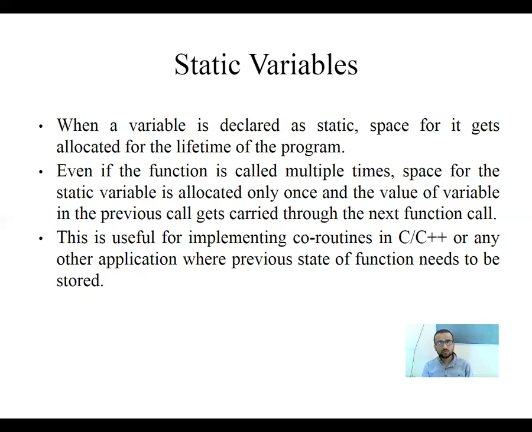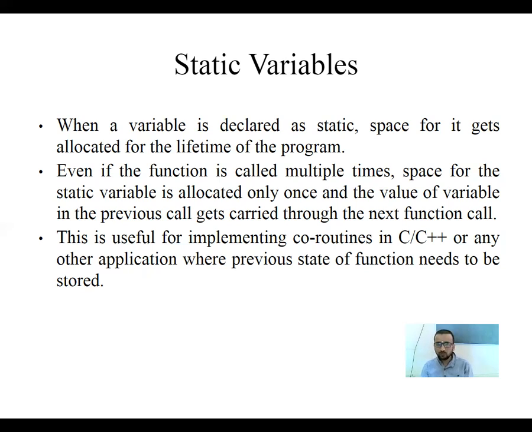And the value of that variable in the previous call gets carried through to the next function call. Every time we call the function, the value from the previous call is carried over. So the values are updated, but the memory allocated to that variable is not changed. We do not allocate the memory each time the function is called.